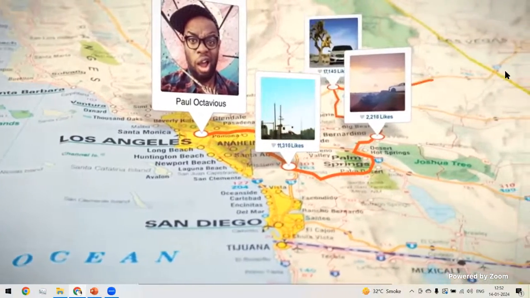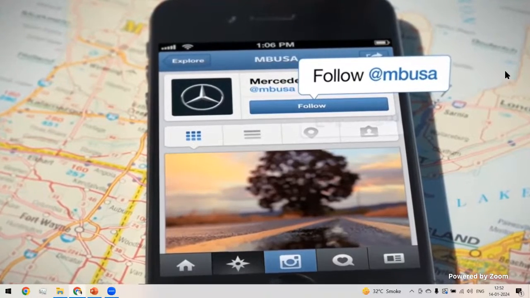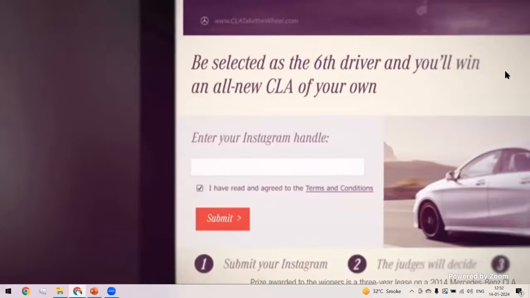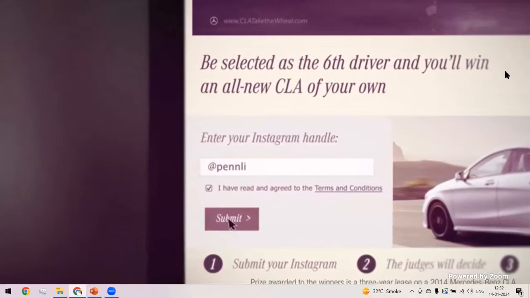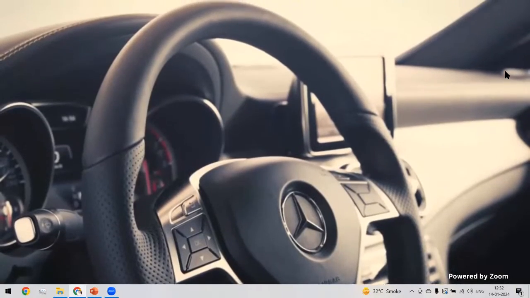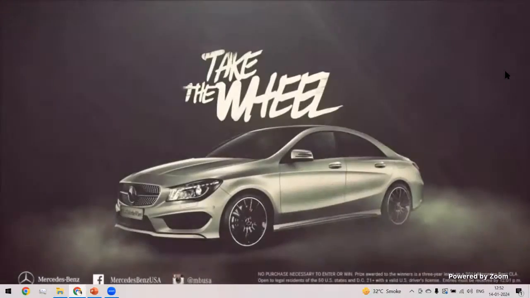To watch the 5 journeys and support your favorite, follow at MBUSA on Instagram, and then apply to win a CLA yourself. Your Instagram feed will be your portfolio. If it best reflects the spirit of a CLA, not only will you take the 6th journey, you also keep the car. So take a chance. Take the moment. Take the wheel.